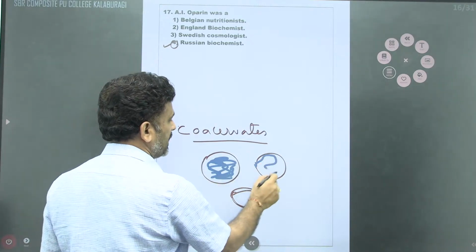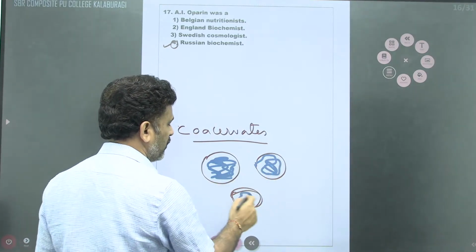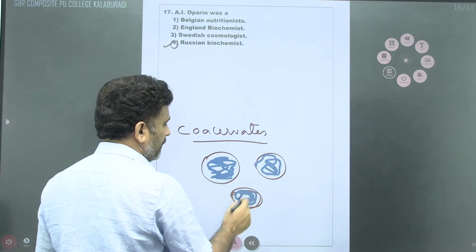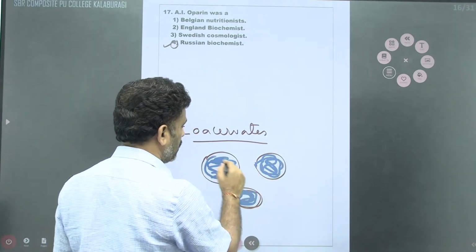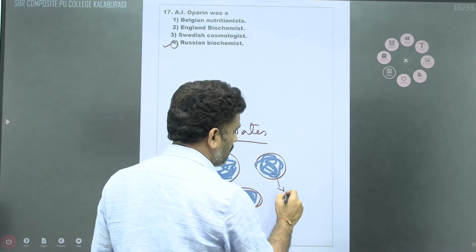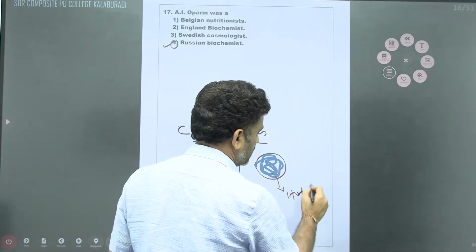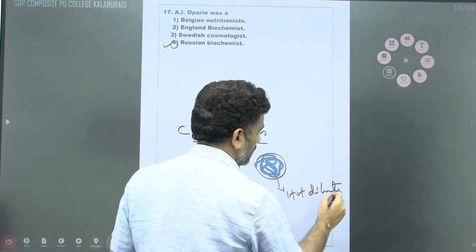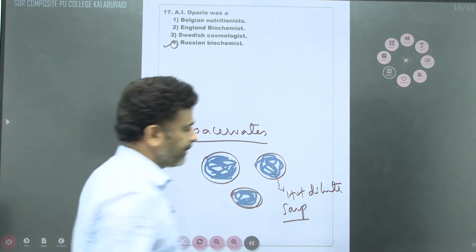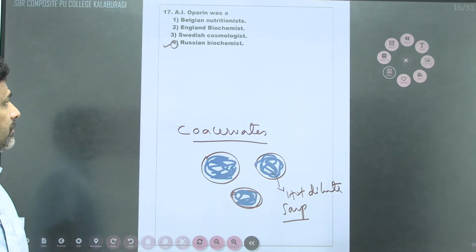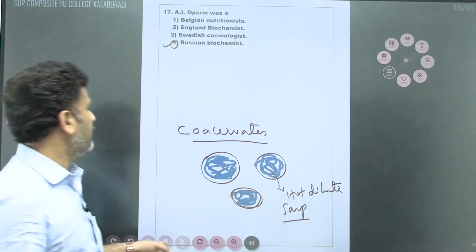This fluid content is different compared to the surrounding water. The fluid content present within the droplet of coacervate molecules is called hot dilute soup. This is according to Haldane. So that's why the answer is option four.